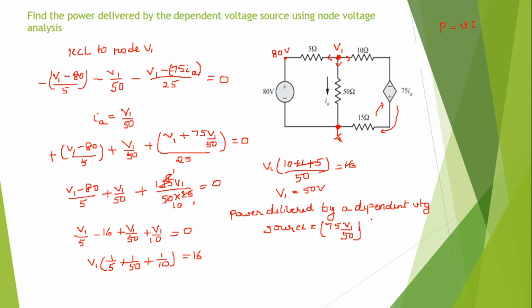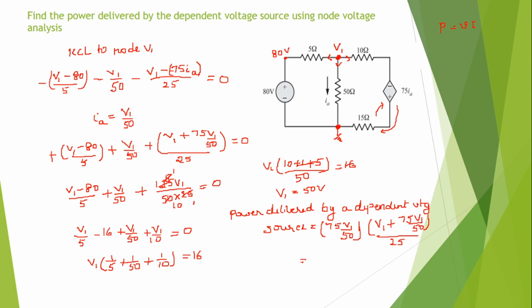The current through this is (V1 plus 75 V1 by 50) divided by 25.